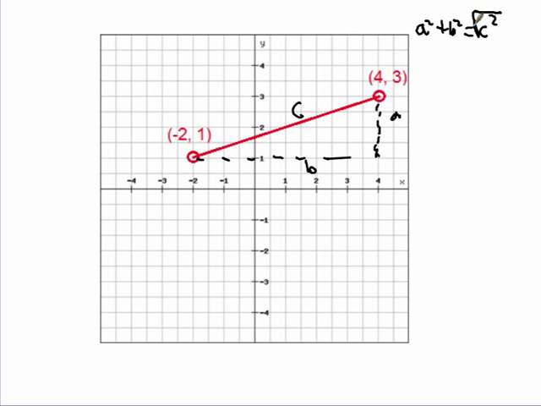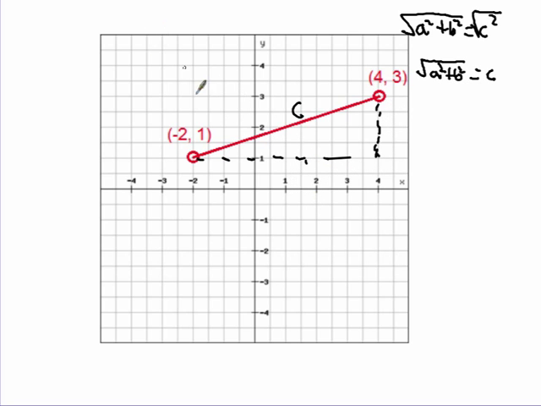Or another way of doing that is if I want to figure out what C is, I just take the square root of both sides, and I get the square root of a squared plus b squared equals c. Okay? So this is the Pythagorean theorem solved for c. Well, if I'm looking in the coordinate plane, I can kind of rewrite these things.